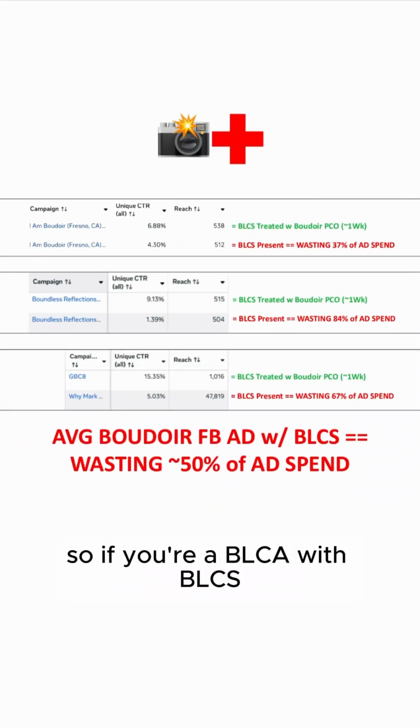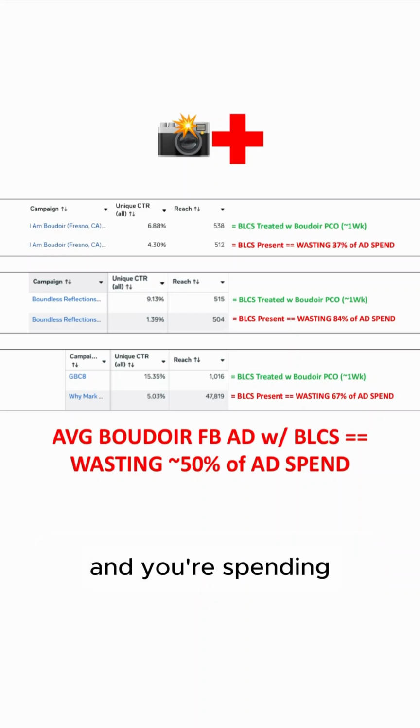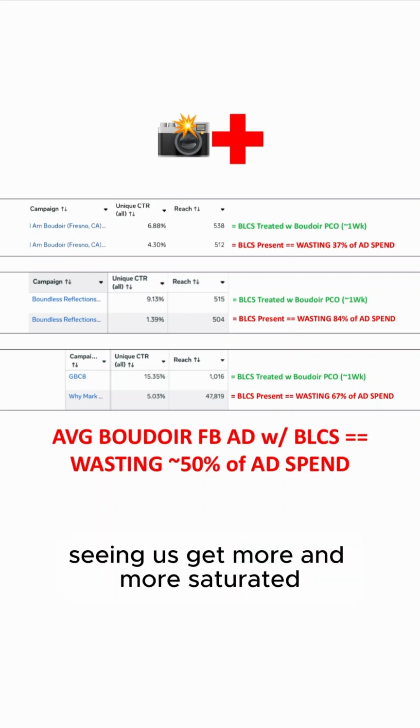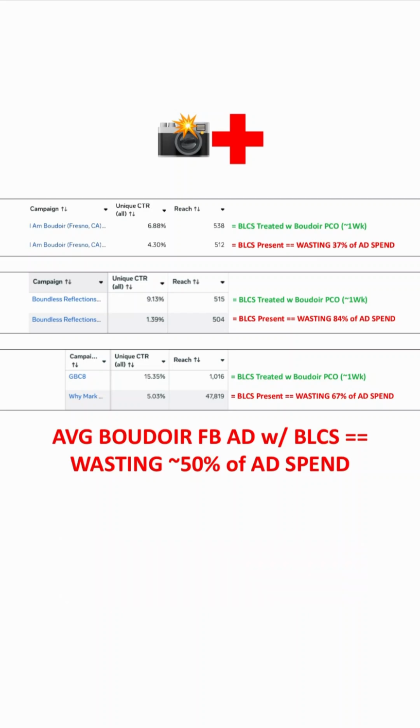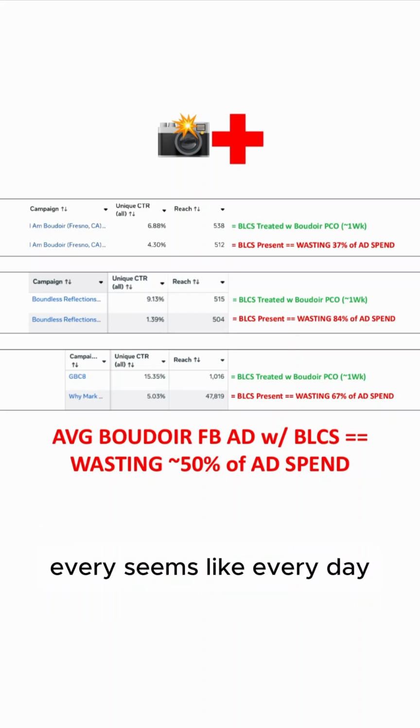So, if you're a boudoir low-click advertiser with boudoir low-click syndrome, and you're spending more than 10 grand a month on boudoir Facebook ads, and you look out in the marketplace, seeing it's getting more and more saturated. More boudoir photographers entering the market seems like every day.